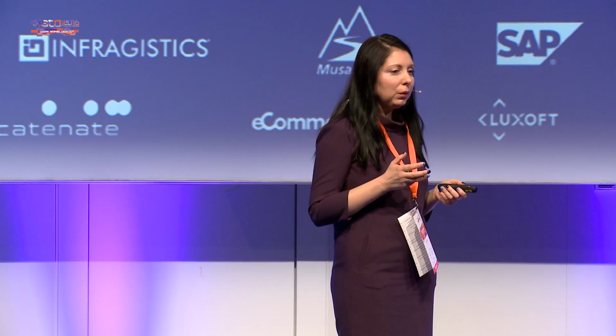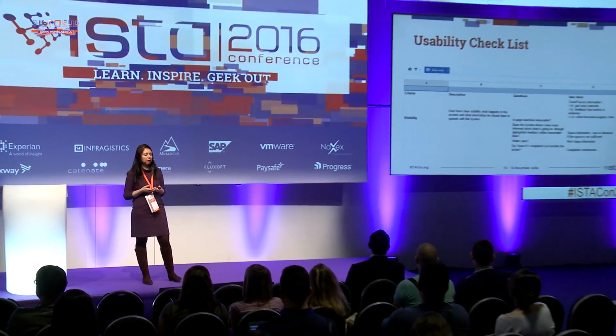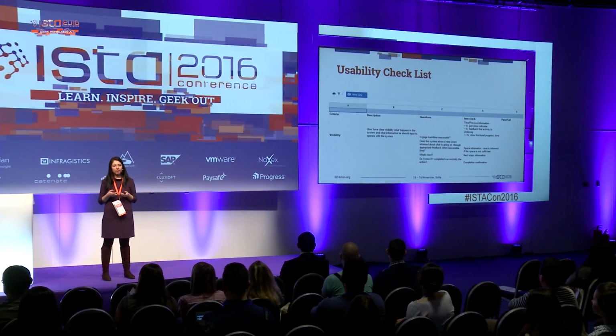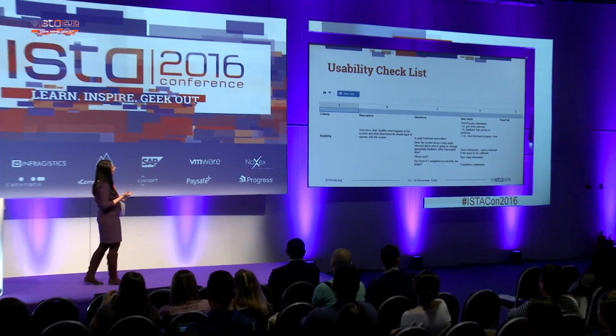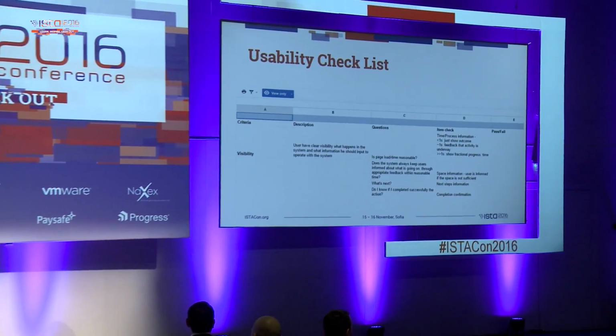What can we do by using these measurable heuristics? Here, a good idea while we test the system for usability is to have a usability checklist for conducting that. Why? Because for each criterion, we have specific details.